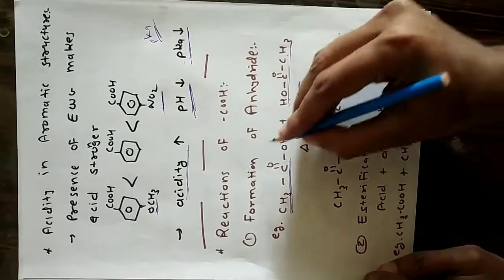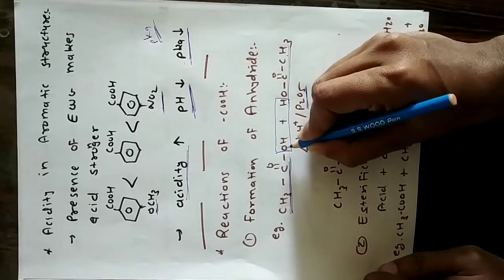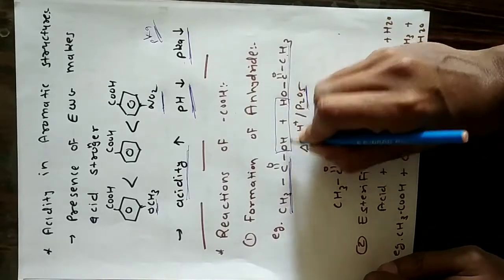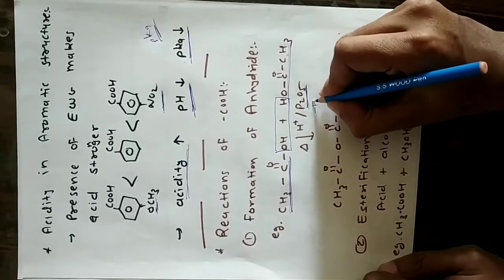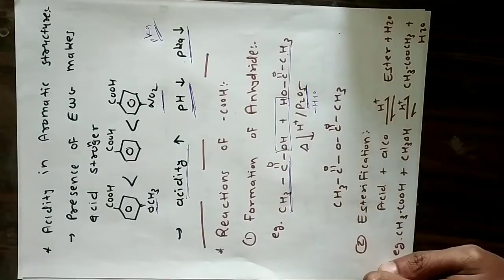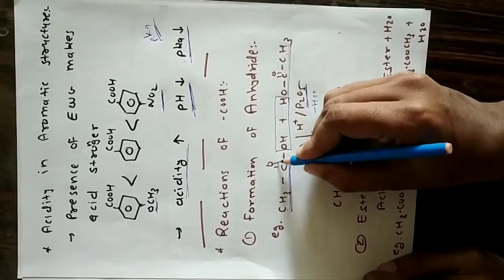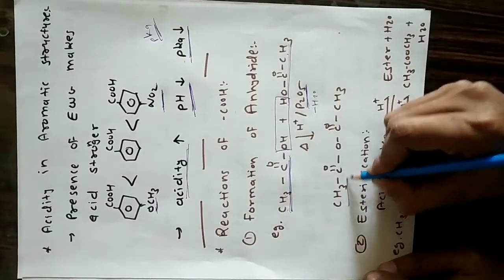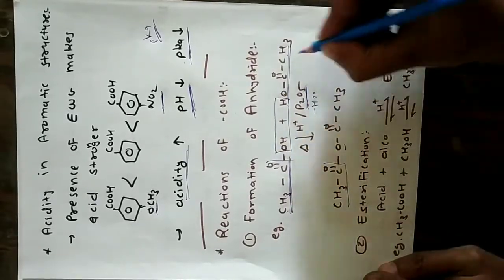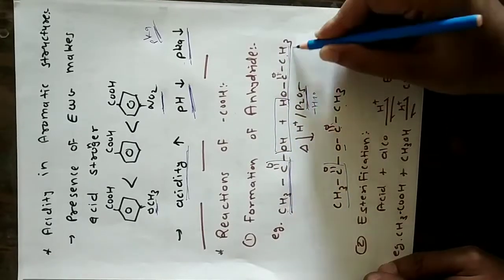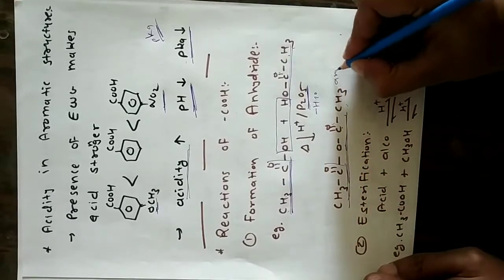So what will happen here? You can see OH and H, they form H2O. So H2O will be lost here, making this structure CH3COO. You can see this part, then O, C double bond O, CH3. So this is the anhydride.